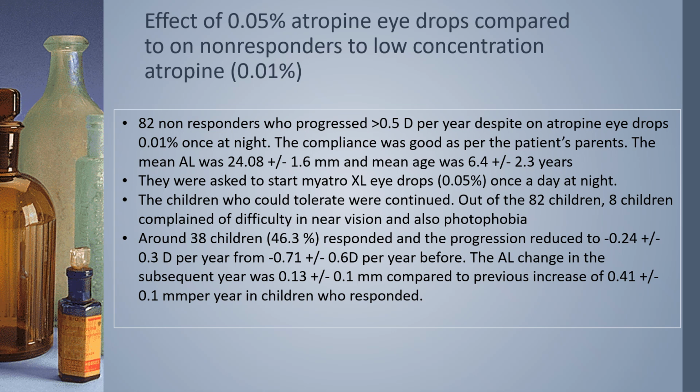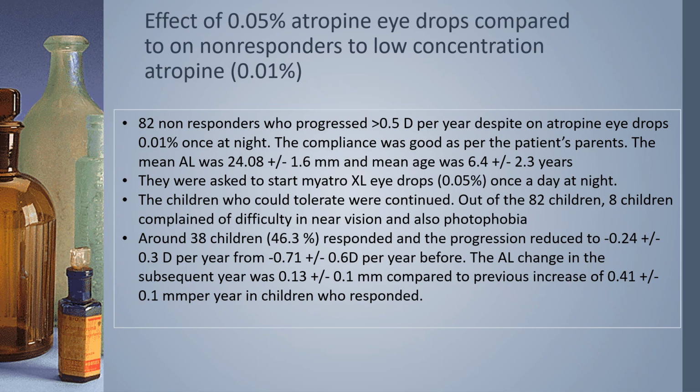And the effect of these 0.05% atropine eye drops on non-responders, we did not publish it, but we have presented it at some of the meetings. We had children who were not responding to atropine, and we could convince them to put it on 0.05%. And the children who could tolerate were continued. And 8 children did complain of difficulty in near vision and also of photophobia.